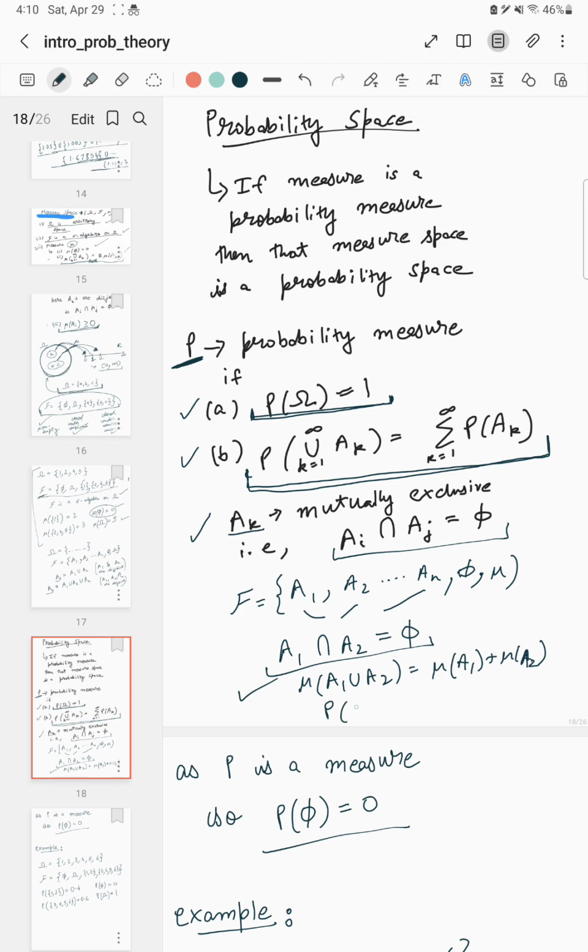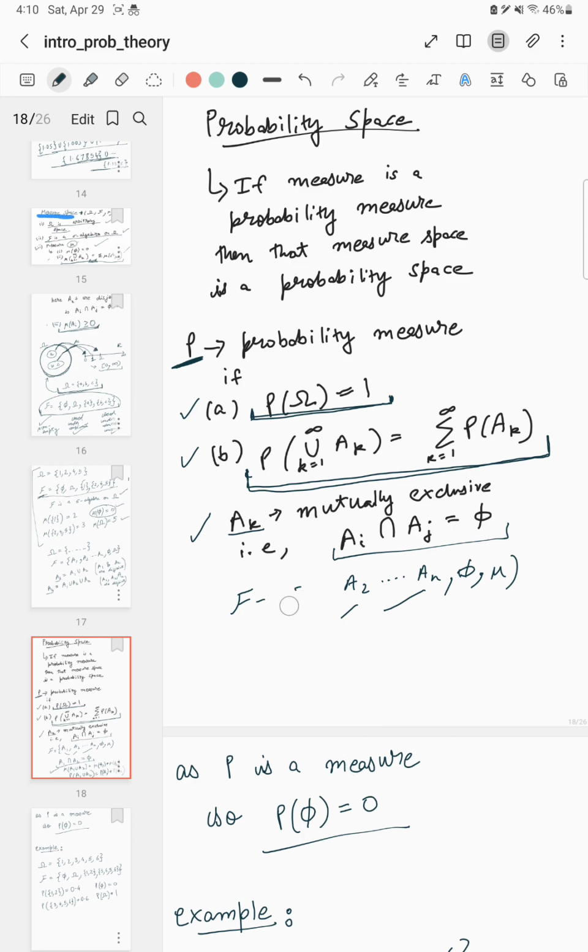Hence P of A1 union A2, where A1 and A2 are mutually exclusive events, is the probability of A1 plus the probability of A2. Similar to the measure space, probability space is also monotone. That means there is no such thing as negative probability.